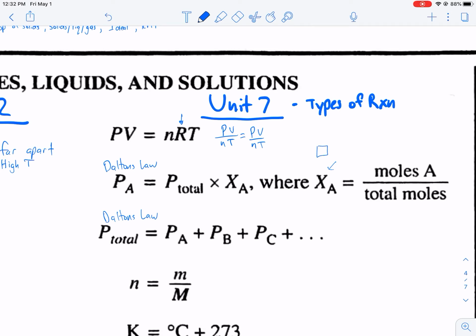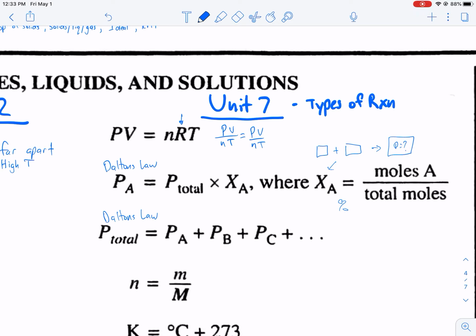We draw a bunch of different boxes. We say we have this box and we have this box, and they are combined into something like this box, and they ask, what's the pressure? The idea is you're using a combination of these two laws right here in order to find that pressure. But this is basically a percentage.